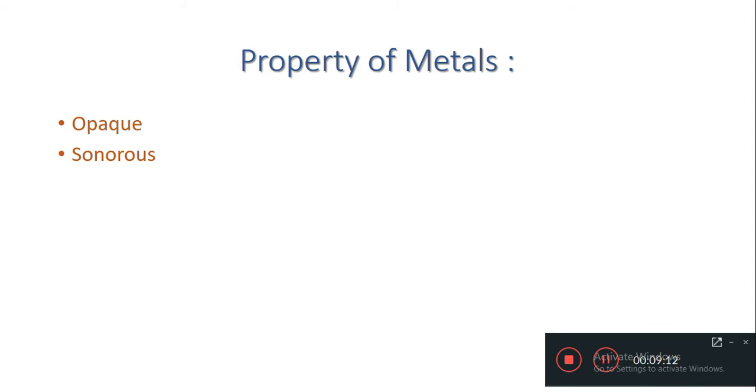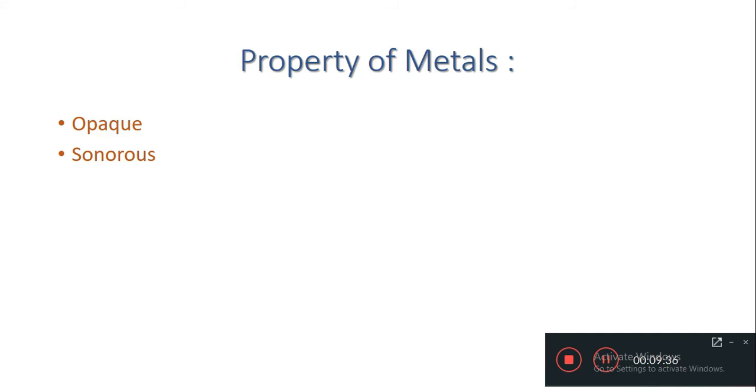Some other properties of metals include opacity. When we say a metal is opaque, it simply means that we cannot see through this metal. It is very difficult to see through a metal. A metal should possess this property. A metal should also be sonorous. What does it mean?